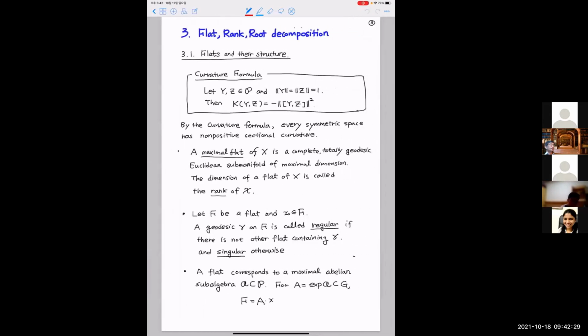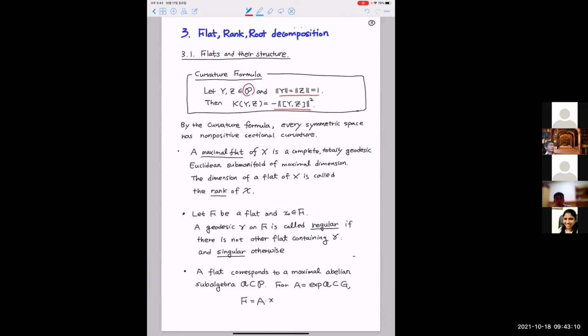Now we will see the flat, rank, and the root decomposition. A symmetric space has non-positive sectional curvature from the curvature formula. So what is the curvature formula? If you have two vectors X and Y in p, which is the tangent space at a point of the symmetric space, with unit vectors, then their sectional curvature is like this.